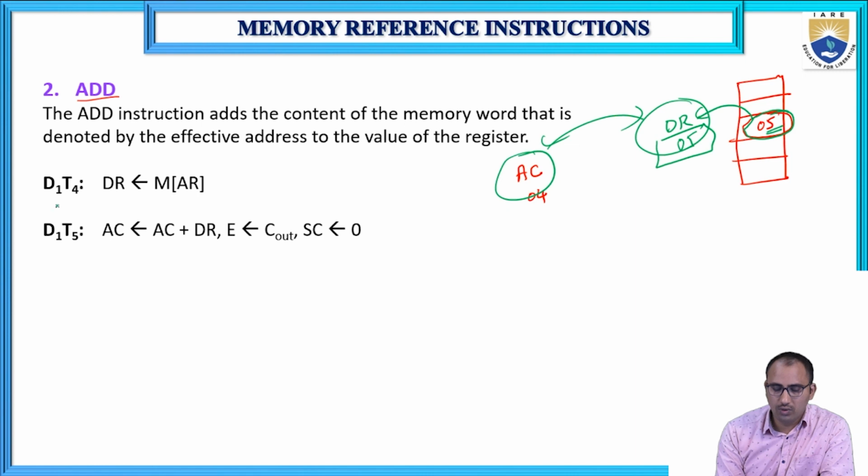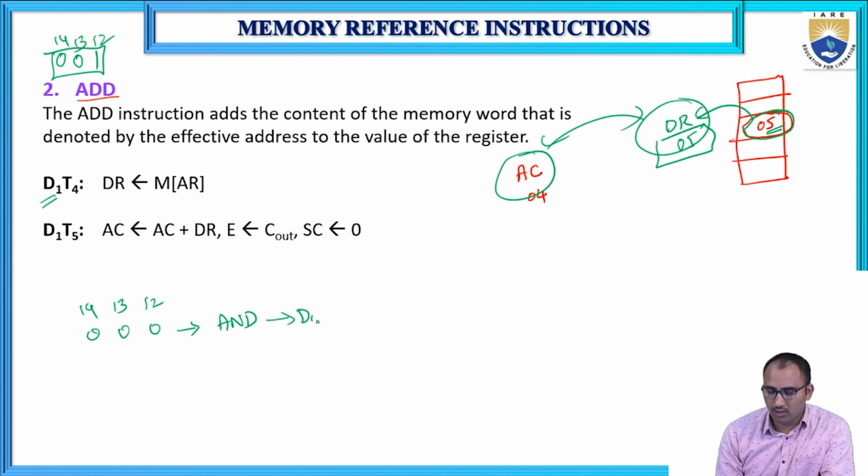So this happens during D1, because for this add operation the input combination is 0, 0, 1 for the 12th, 13th and 14th bits. When bits 12, 13, 14 are 0, 0, 0, it performs the AND operation, and this is D0.